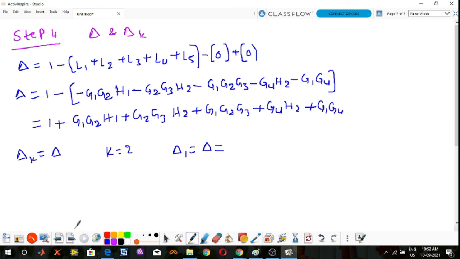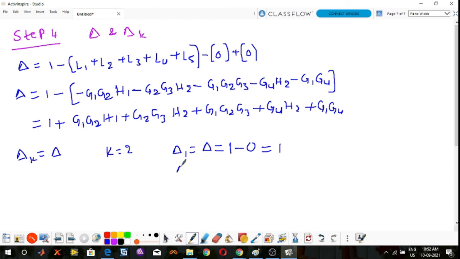First substitute k is equal to 1. Delta 1 is equal to delta for that part of the graph which is not touching the first forward path, which is 1 minus. Since there is no part of the graph which is not touching the first forward path, that loop gain is 0, so delta 1 is equal to 1.